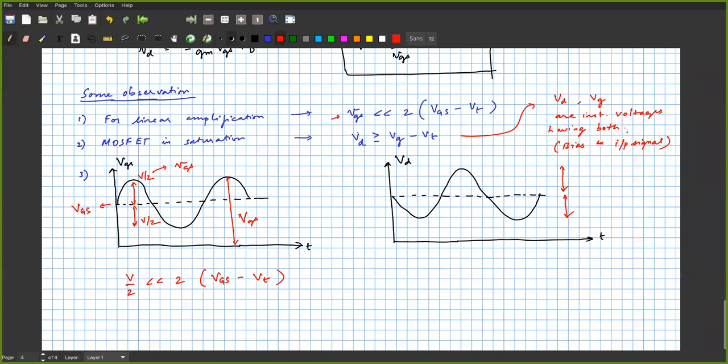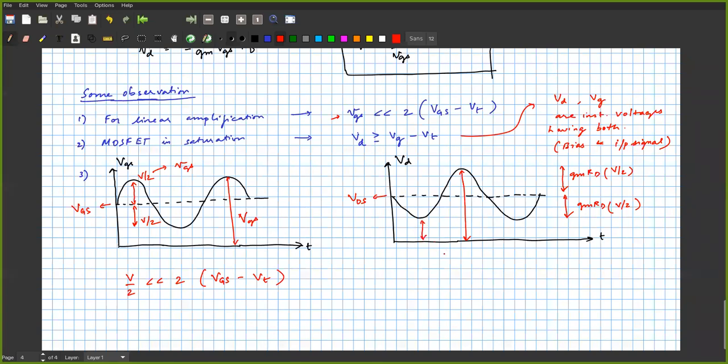It is 180 degrees out of phase. So this is actually GM RD into V by 2. Remember the gain which we saw earlier, it is minus GM into RD, right? This is capital VDS, this voltage and this voltage.